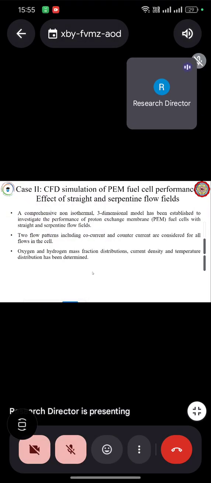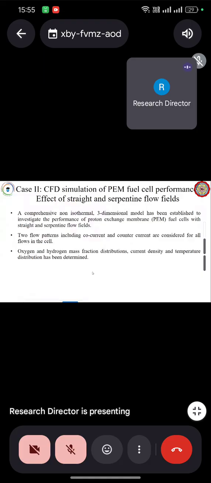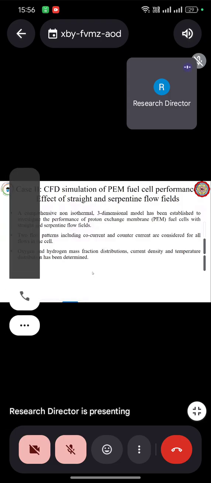Oxygen and hydrogen mass fraction distribution, current density and temperature distribution have been determined. In this study, we are trying to find the oxygen and hydrogen mass fraction distribution in the cell. Second, the current density and temperature distribution from the process: how much current, or how much electricity, is generated when the reaction happens.